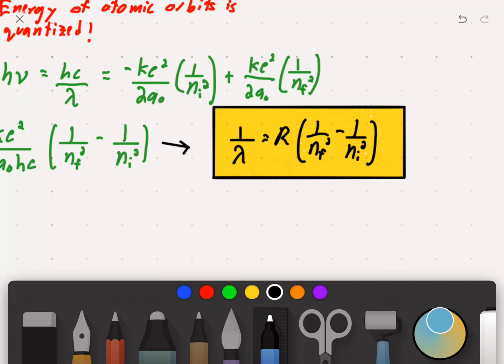And we can see from this that, in addition to being able to reproduce all of this, another thing, we won't do this exercise, is you can imagine, well, what happens if our initial state was infinite? What do I mean by infinite? Well, let's just say that we had an electron that was infinitely far away, and then suddenly it was captured and came down into a final state of n equals 2 or n equals 1.